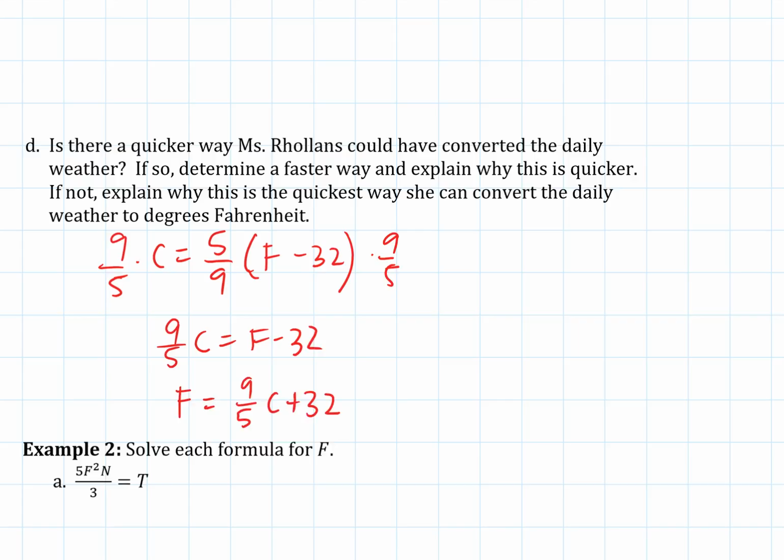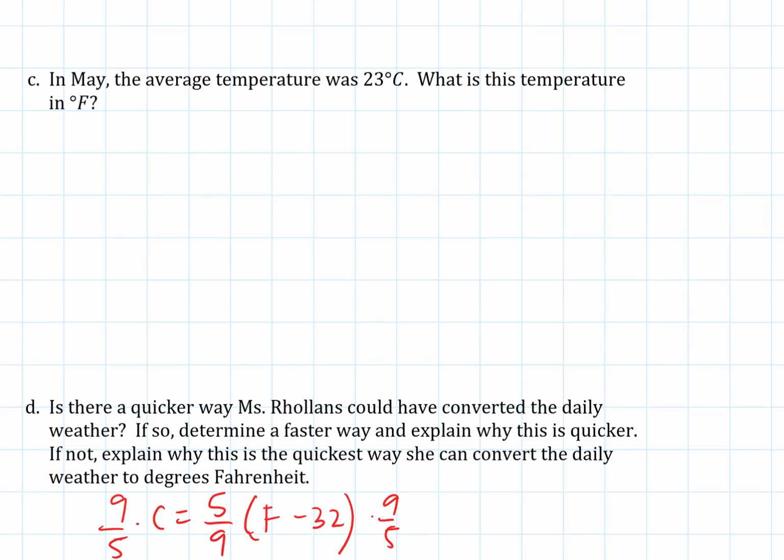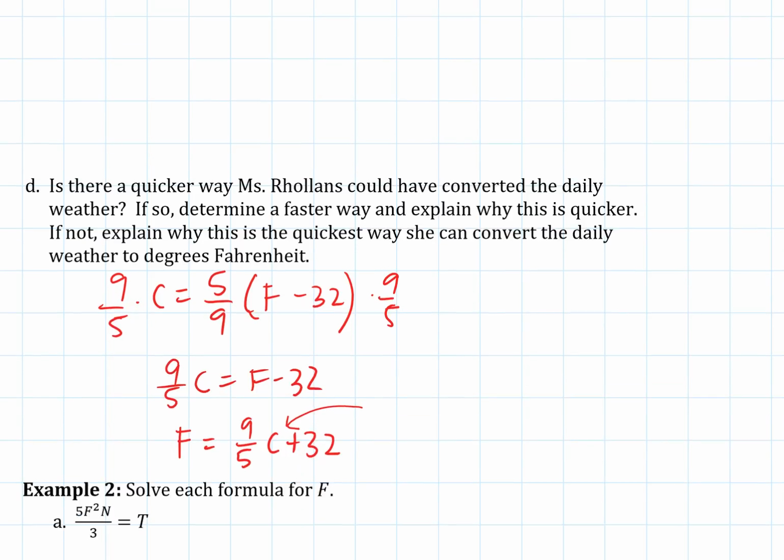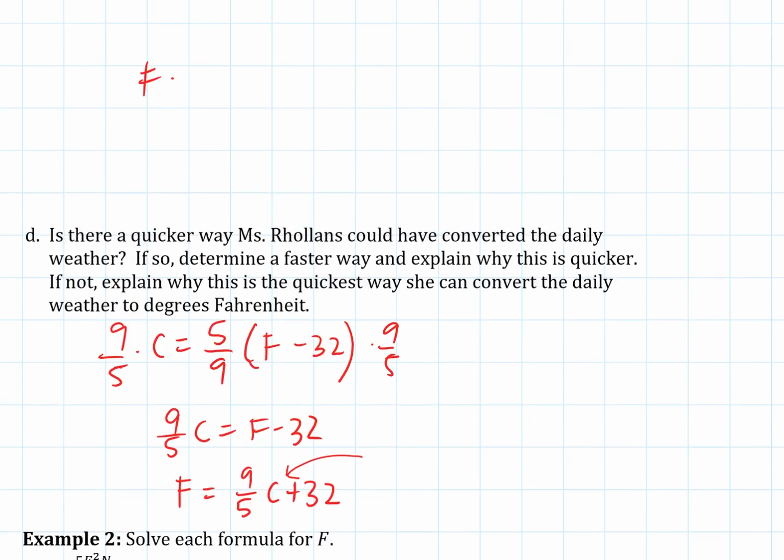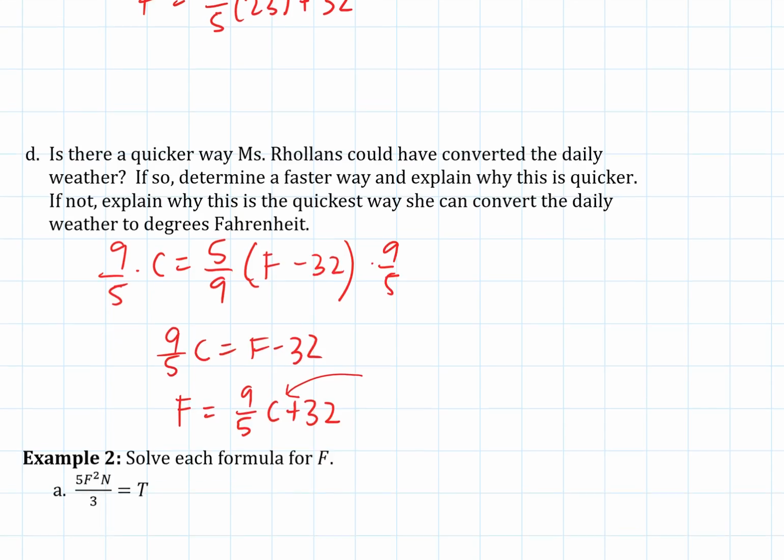Now you could just substitute any degree Celsius into here. It's a little bit faster than substituting and rearranging terms because you could type directly into your calculator. If in May it's 23 degrees Celsius, that means that in Fahrenheit, that's 9/5 times 23 plus 32. It's just a little bit faster to find out what the temperature is going to be in degrees Fahrenheit.